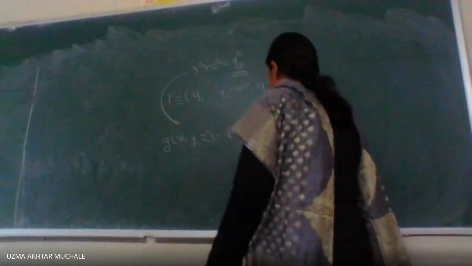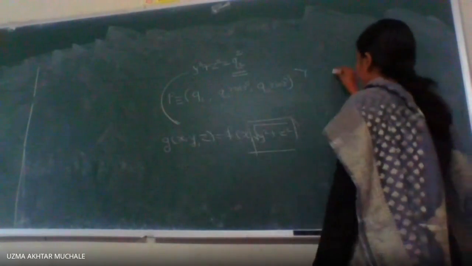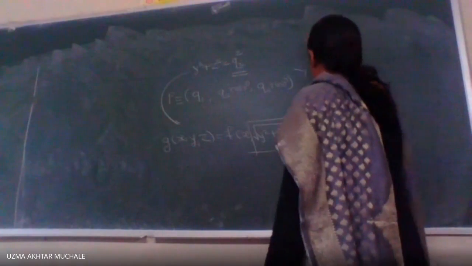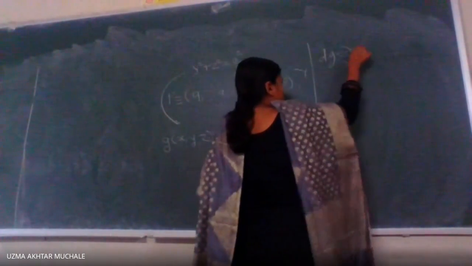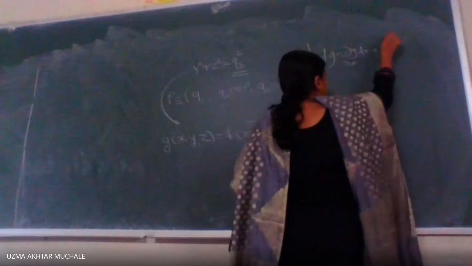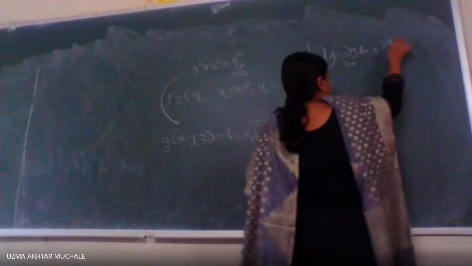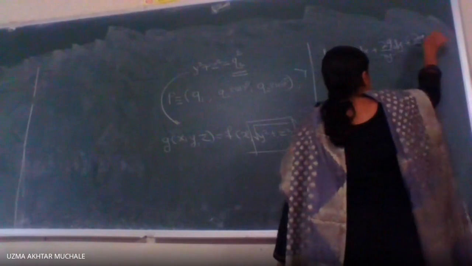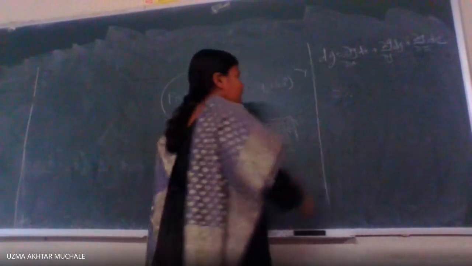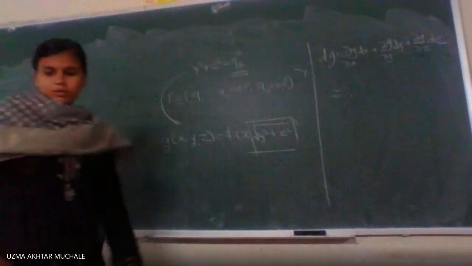Now we have to verify whether this dg is equal to 0 or not equal to 0. Okay, so let me verify dg. What will be dg? Dou g by dou x dx plus dou g by dou y dy plus dou g by dou z dz. Okay, dou g by dou x, dou g by dou y, dou g by dou z.